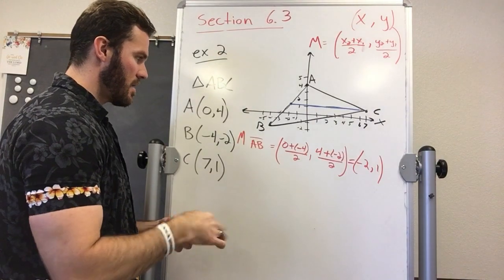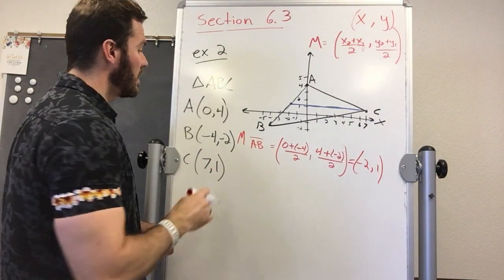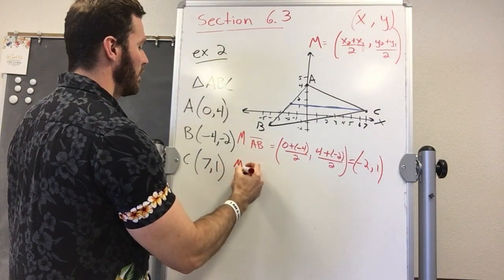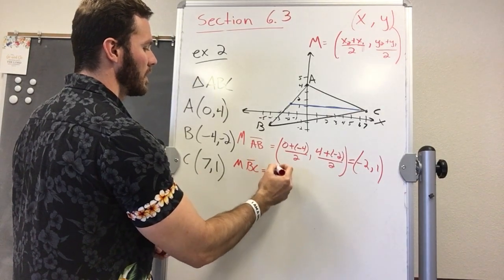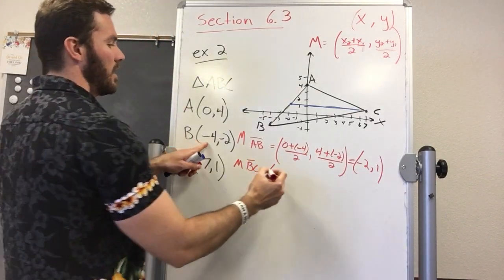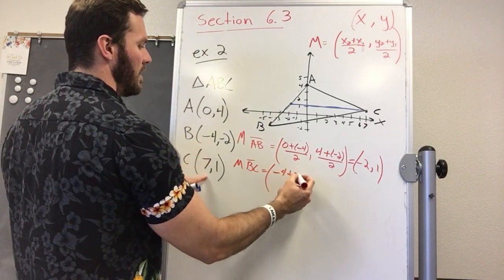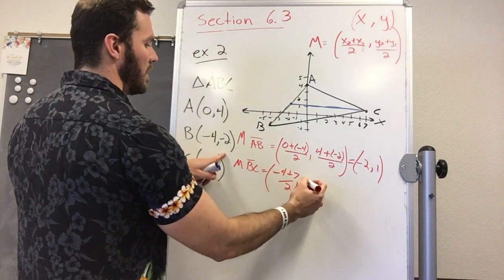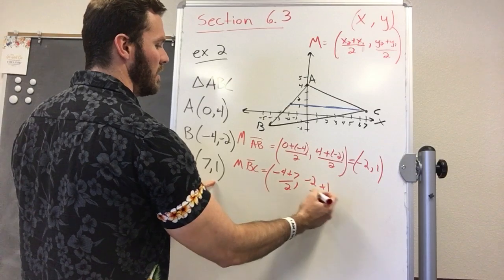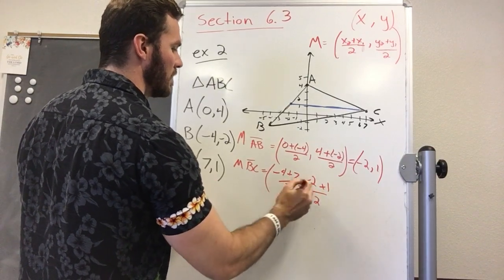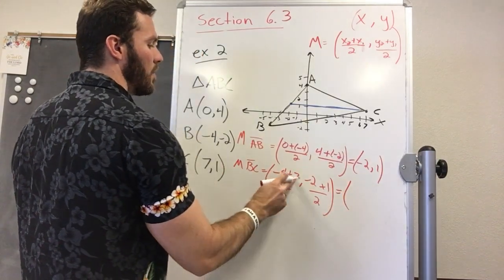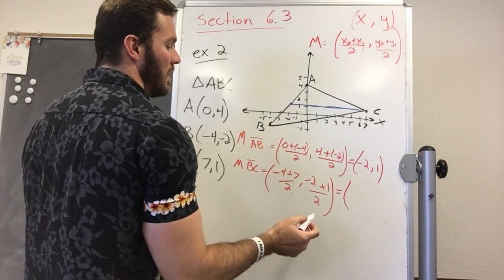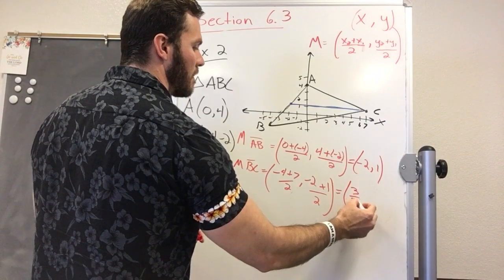Now we're going to go on to the midpoint for BC. We've got -4 plus 7, -2 plus 1. -4 plus 7 is 3, so it's 3/2.